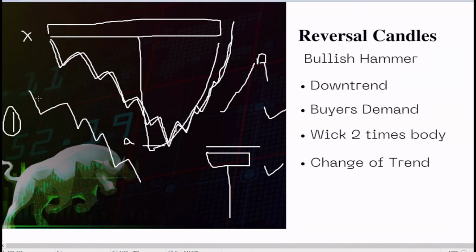So rule number one for a hammer to form, the price has to be in a downtrend followed by a candle which has a wick, that is nothing but the tail of the candle, that has to be minimum 1.5 to 2x the size of this particular body, right? This can be of any color, doesn't matter whether it is red or green, as long as it is occurring after a fall down and has a good sized wick, which is at least 2 times the size of the body. All right.